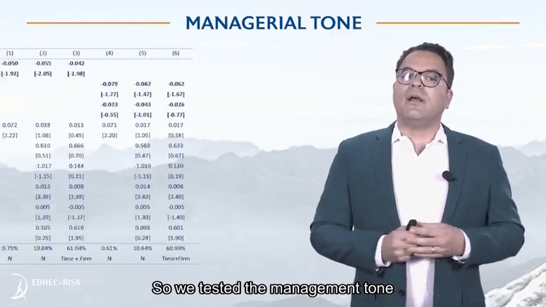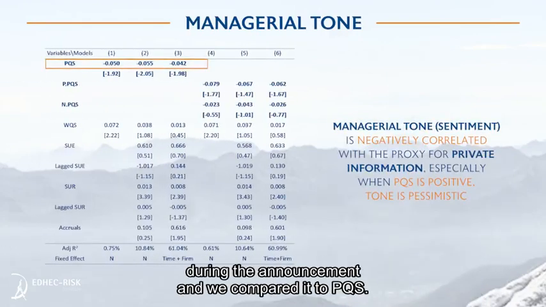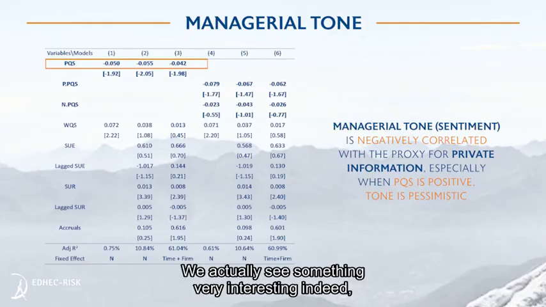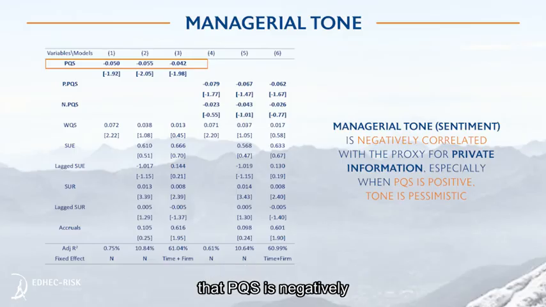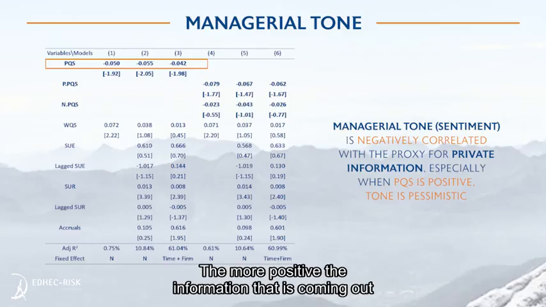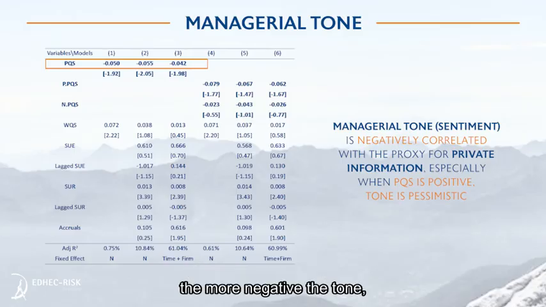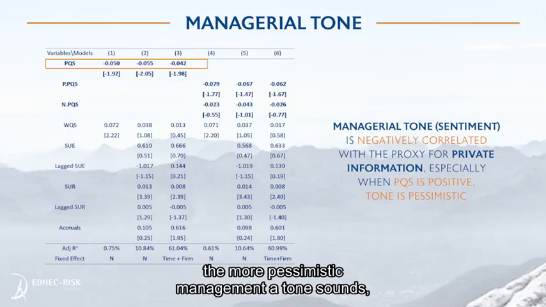So we tested the management tone during the announcement, and we compared it to PQS. And we actually see something very interesting indeed: PQS is negatively correlated with the tone of the management. The more positive the information that is coming out following quarter end and through the announcement, the more negative the tone, the more pessimistic management sounds.